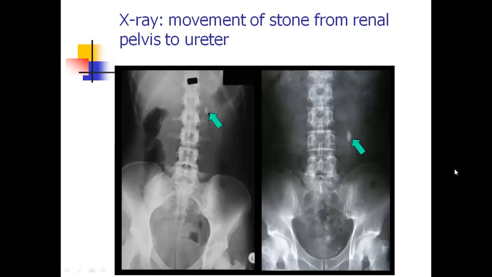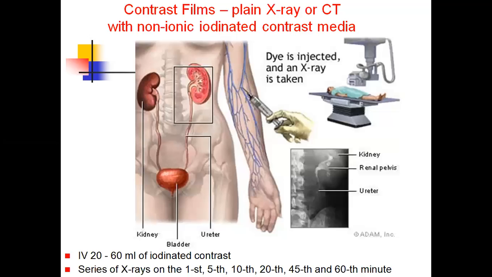You may also monitor movement of a stone from the renal pelvis to the ureter with the help of a series of plain X-ray films. But again and again, ultrasound and CT are enough in these cases.